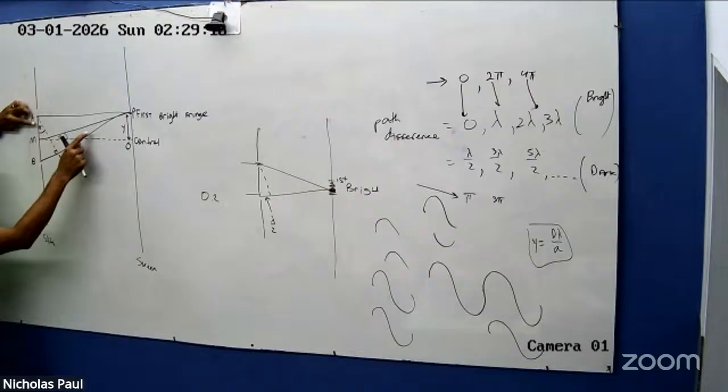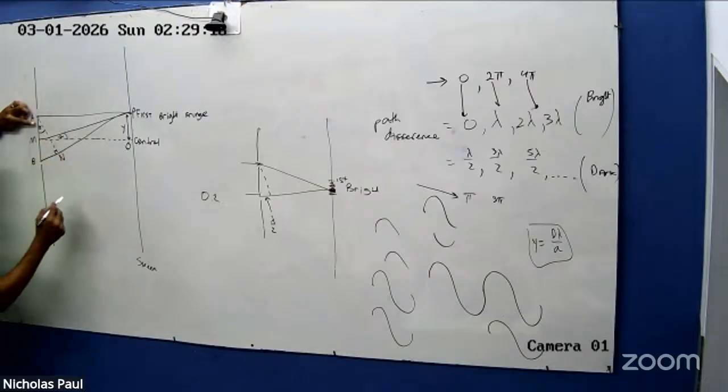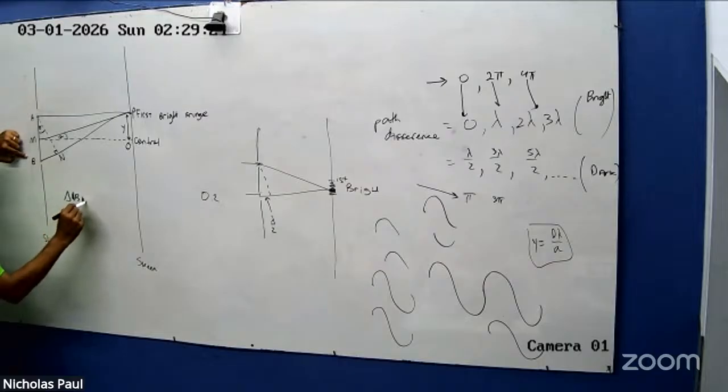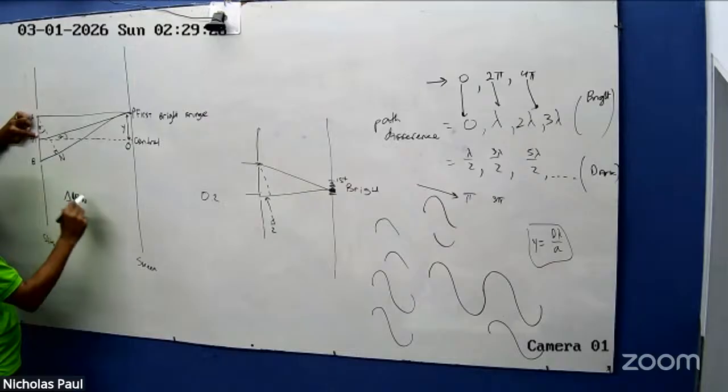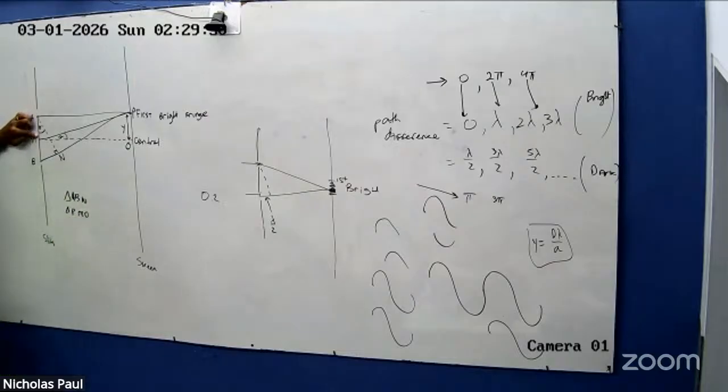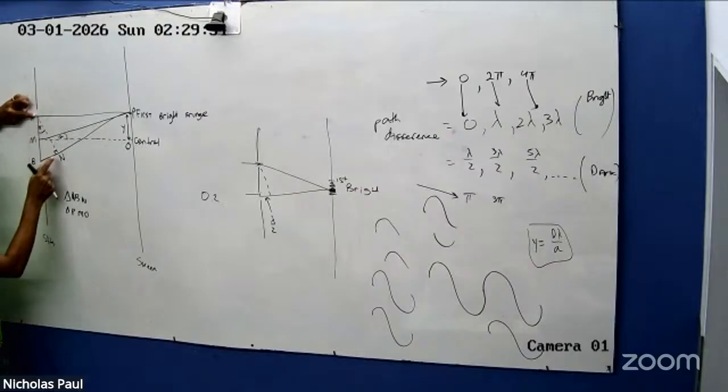And I have two triangles I'm going to focus on. I am going to focus on triangle ABN, and I'm going to focus on triangle PMO. So if you have to do the proof, all I want you to remember is: draw these two rays, draw this line to get the path difference, and draw this line.